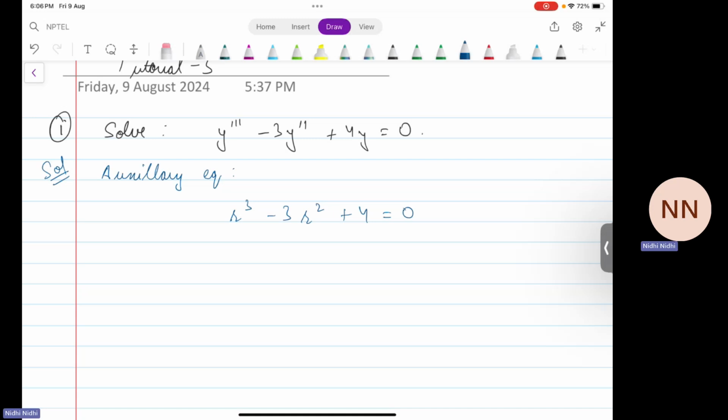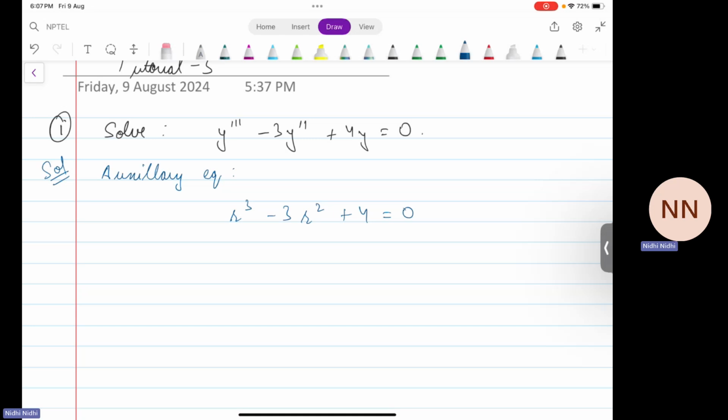Now we can see that this is a cubic equation. In order to find the roots of such an equation, we don't have a generalized method. We don't have any certain method to solve a third order equation.